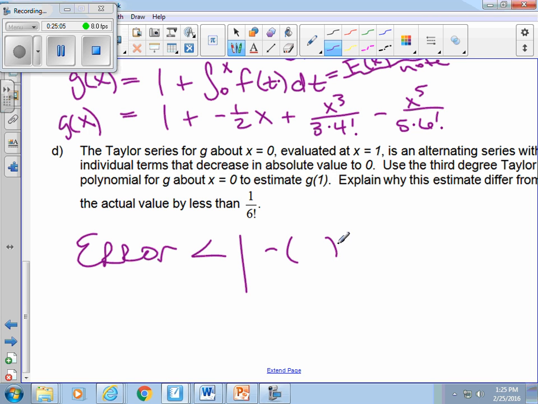It's to the fifth. Oh, wait. It says the third degree actually, I'm using the fifth power one. Oh. Because it says, so they're not even making me find another term. So first I have to find T of 1 using the third degree. So I stop here.